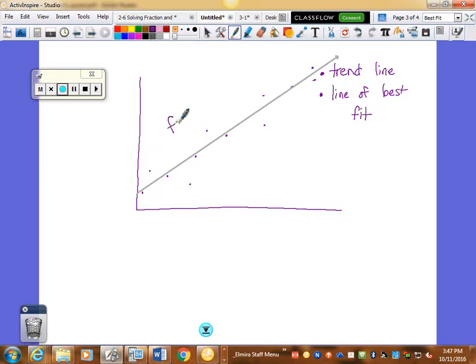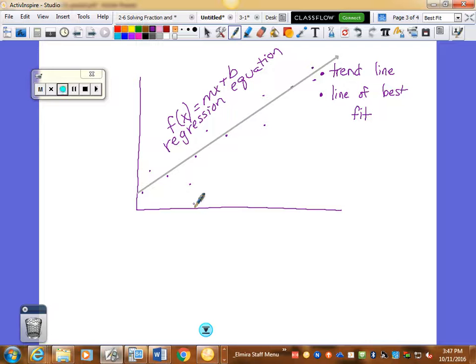We end up finding the f of x equals mx plus b of that gray line, and we call that a regression equation. Regression means to work backwards.